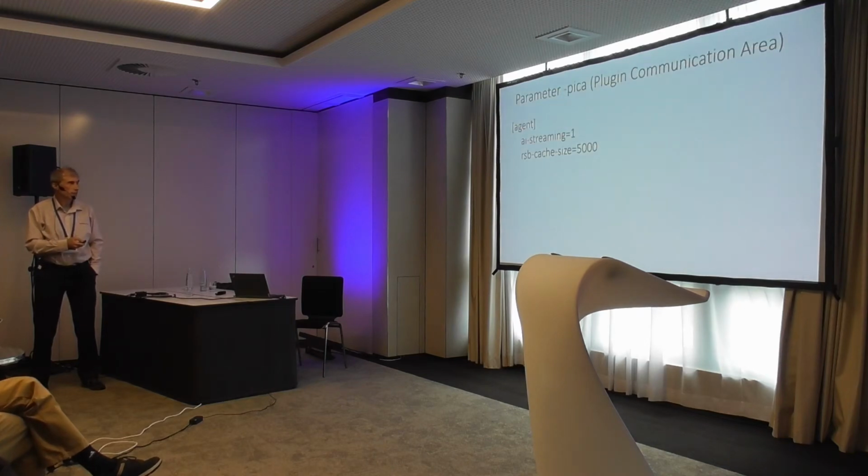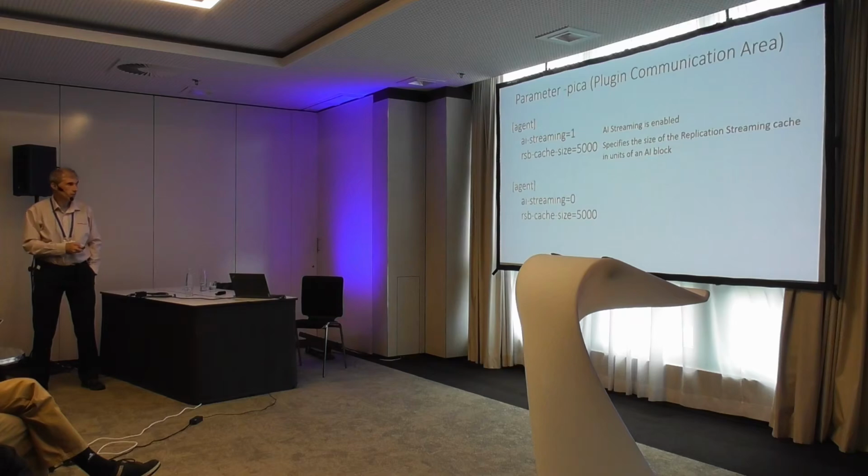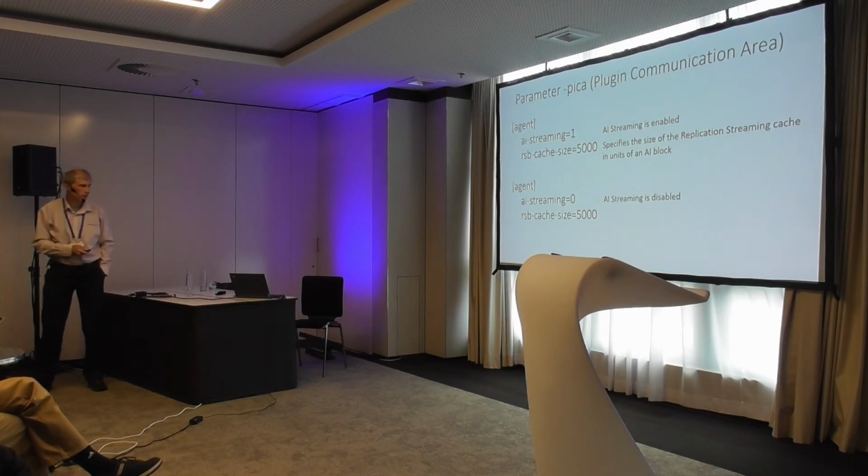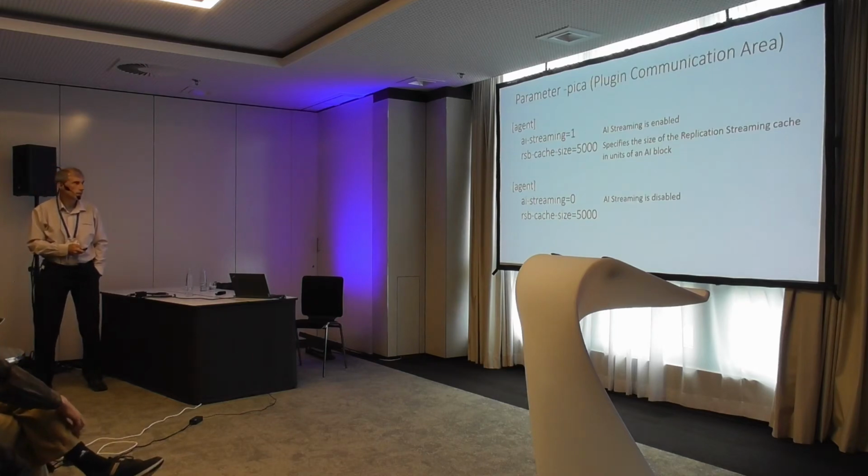This is how you can set up the communication area for the AI streaming. You're basically enabling AI streaming and setting the size of a streaming cache. If you don't use the streaming, that's old-fashioned. It means streaming is disabled, and then this value doesn't mean anything if after imaging streaming is disabled.